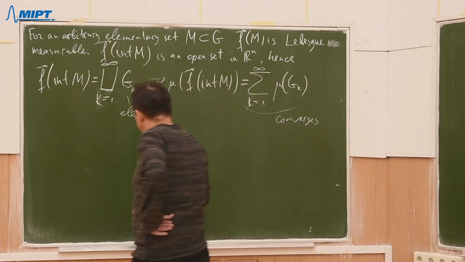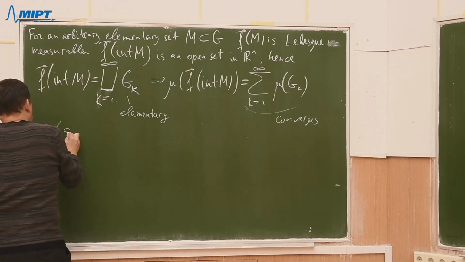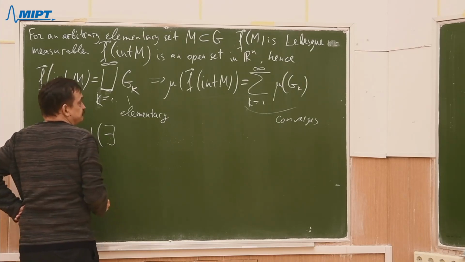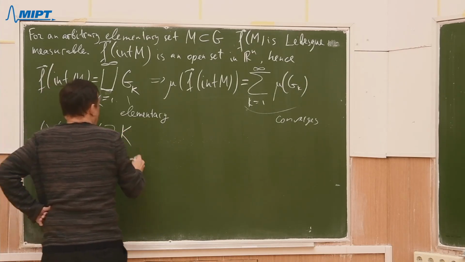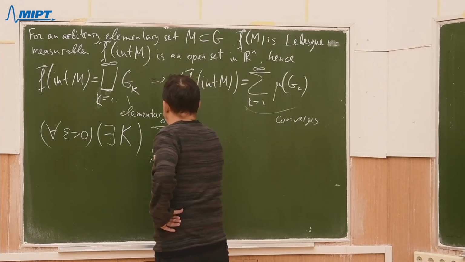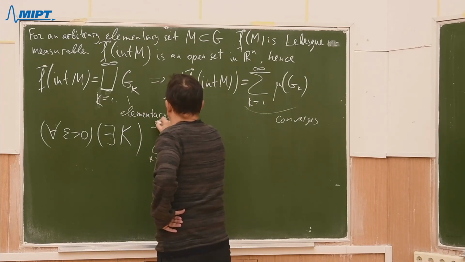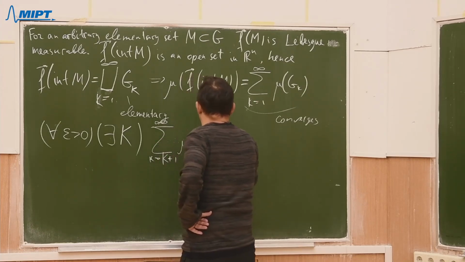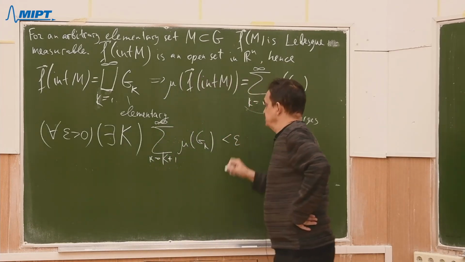Hence, for arbitrary epsilon greater than 0, there exists, let's say, capital K, such that the sum from capital K up to infinity of the measure of G_K is less than epsilon.